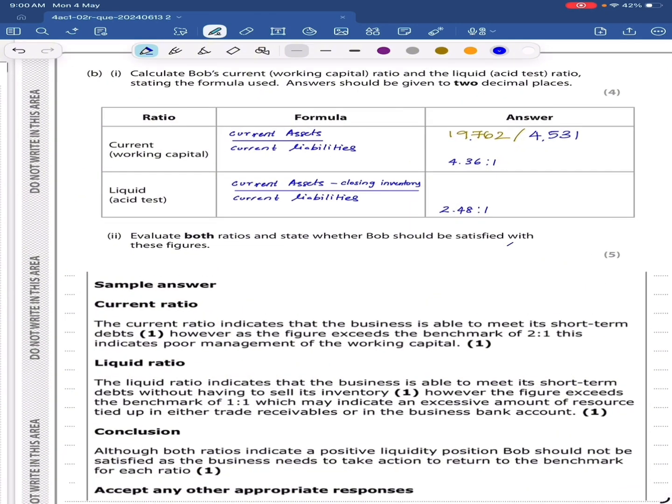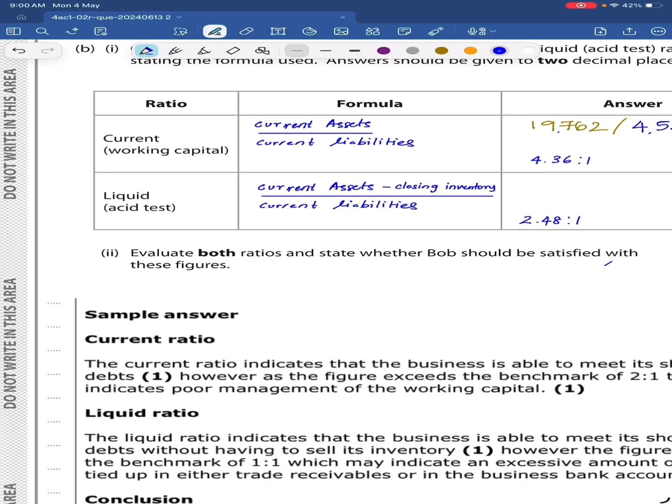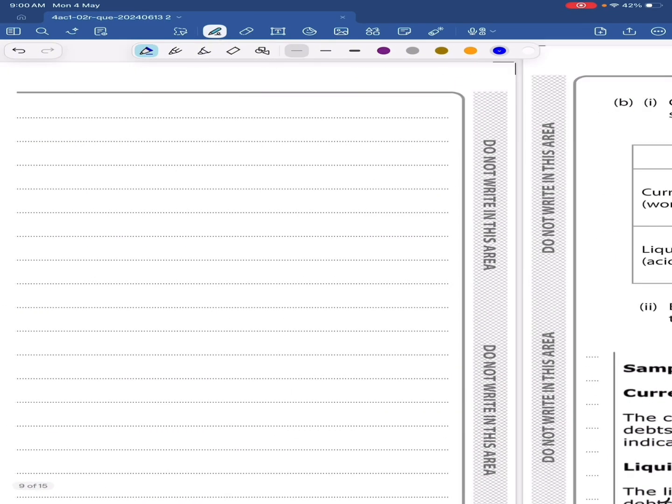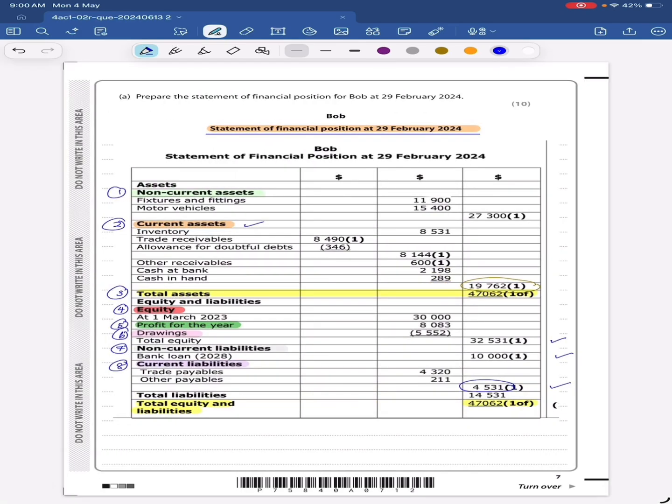Now let's calculate liquid or asset test ratio. Current assets take away closing inventory over current liabilities. So we already have the total of current assets, which is 19,762, and we have the current liabilities, which is 4,531. Let's find the closing inventory in the question, and we have closing inventory which is worth 8,531.